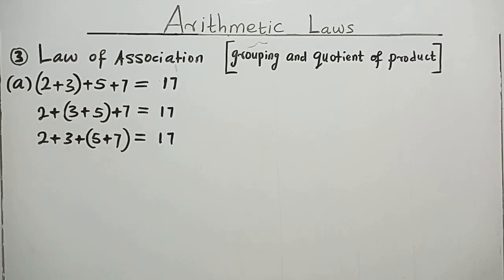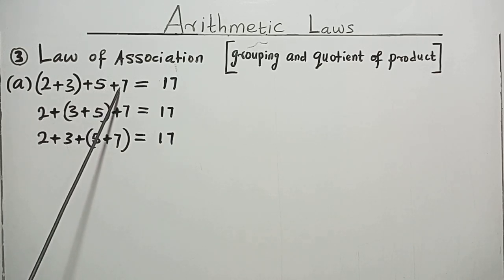The answer is no, as you can see. If in the first place, this bracket associates 2 and 3, it is as if what we have is 5 plus 5 plus 7. The first 5 is from this bracket, because 2 plus 3 is 5, so this bracket is 5, then plus 5.